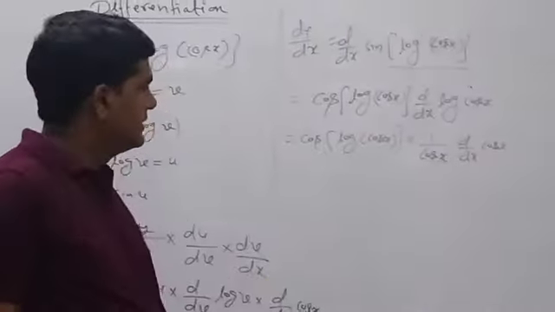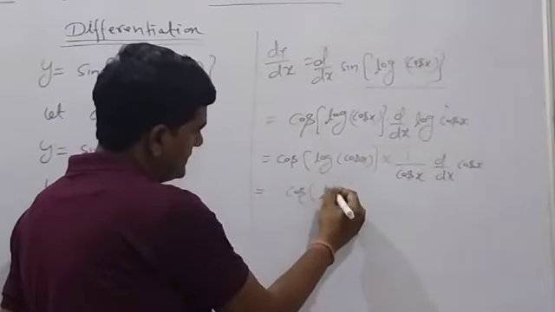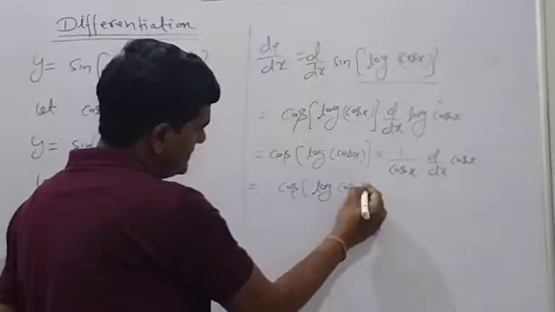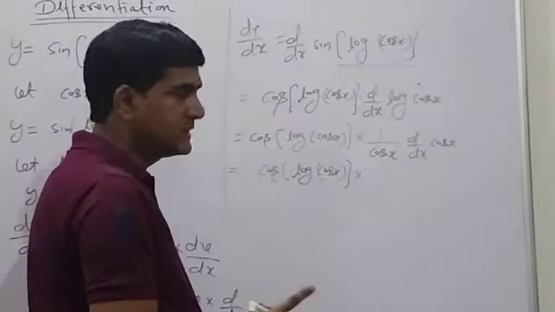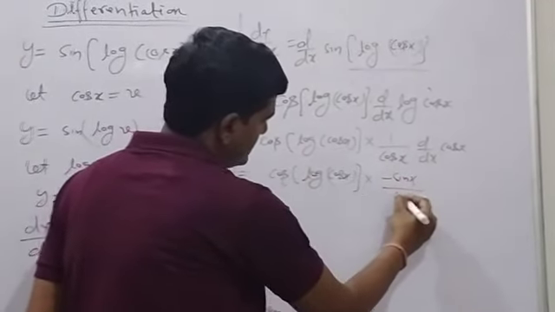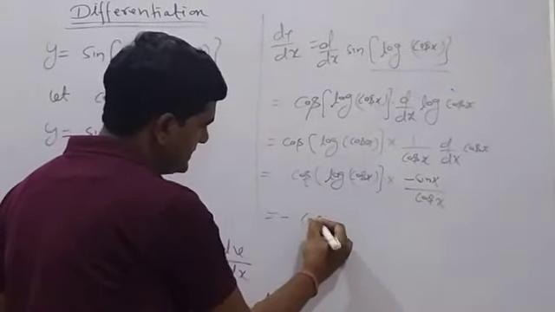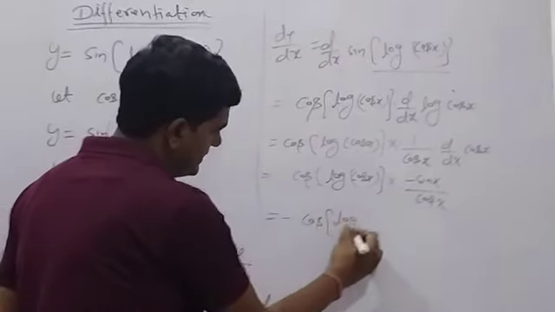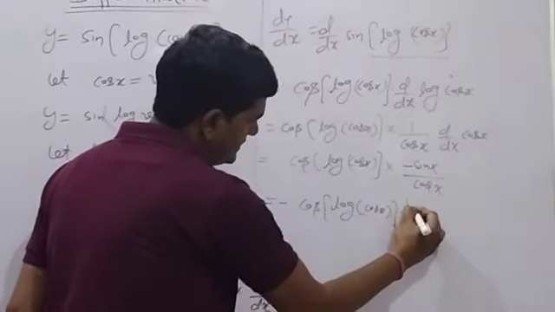Clear? After that, cos of log of cos x into the differentiation of cos, which means minus sin x upon cos x. At last we can write minus cos of log of cos x into tan x.